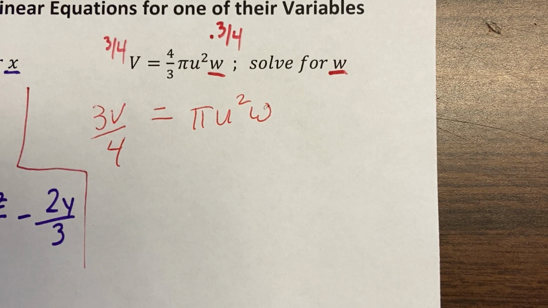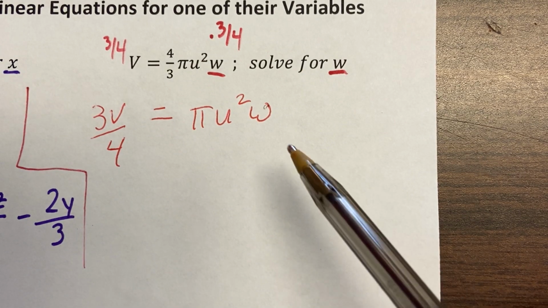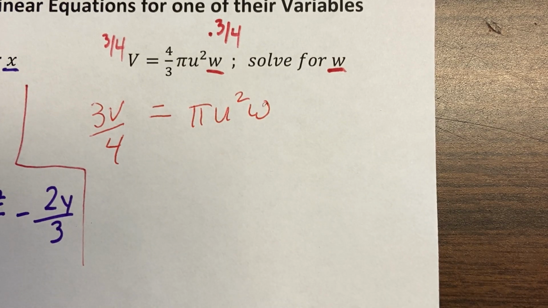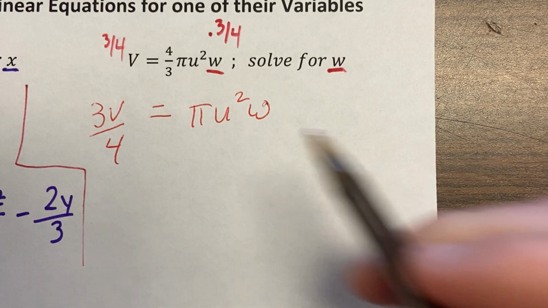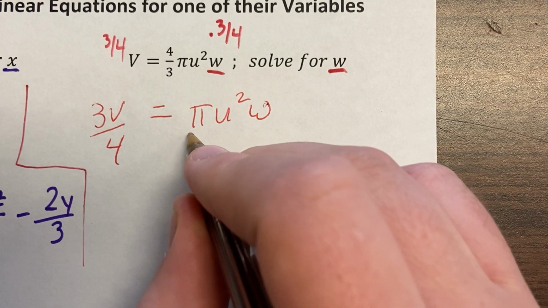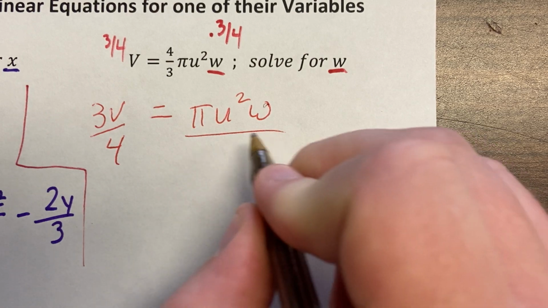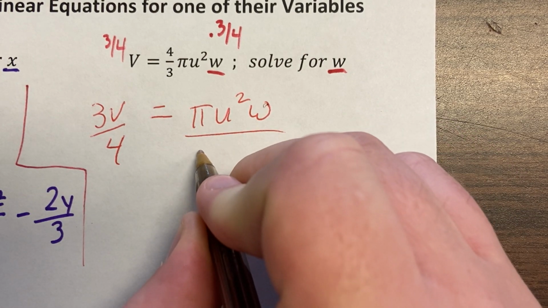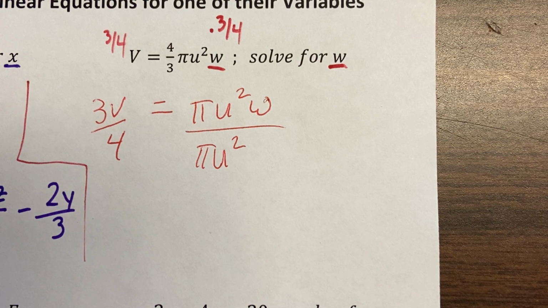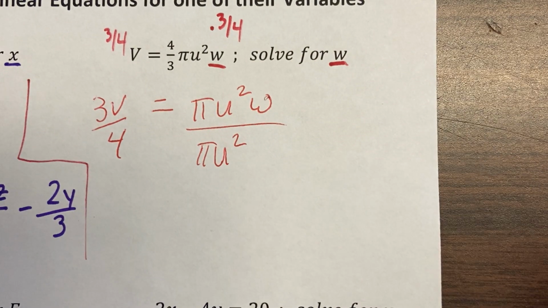And again, we are trying to isolate w. So all of this is stuck by multiplication, right? So since all of this is stuck by multiplication, I can go ahead and divide all of it off, right? So everything but the w, we want the w to stay, so I'm going to say pi u squared. And we're going to divide that by the other side.